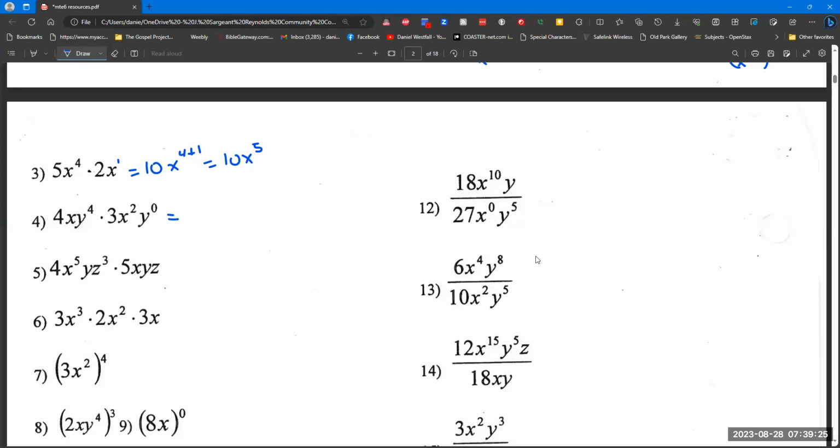Let's go ahead now and look at number 4. 4 times 3 is 12. We have x to the 1 plus 2, and y to the 4 plus 0. I'll just write that down there, even though that was a 1. It's going to be 12x to the 3rd, y to the 4th.